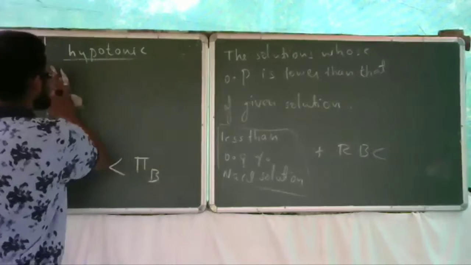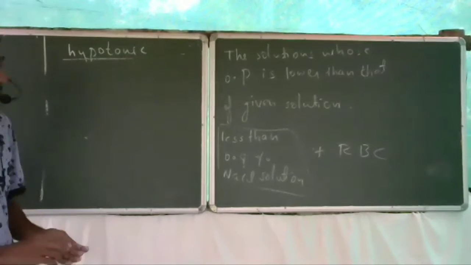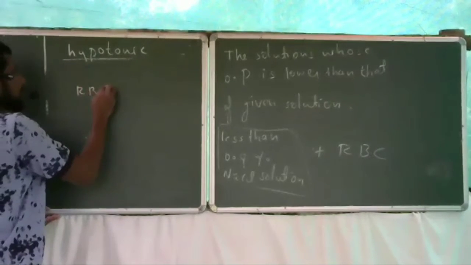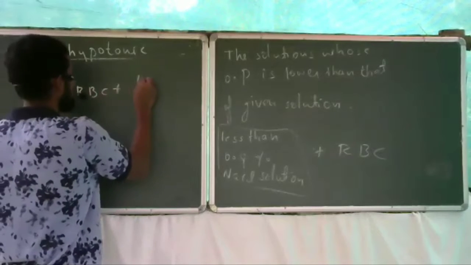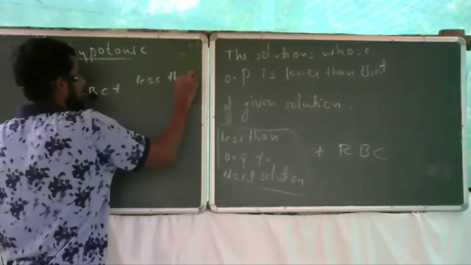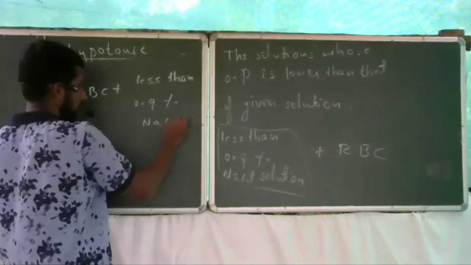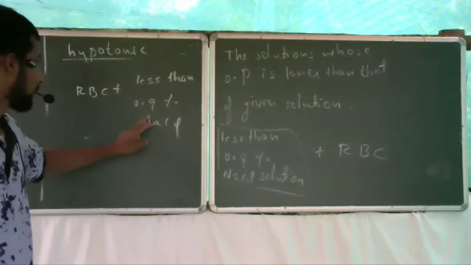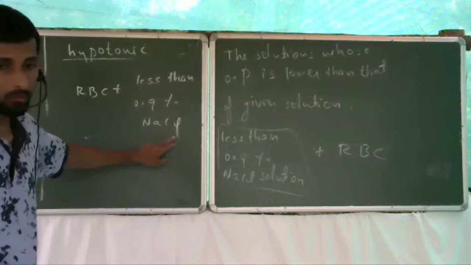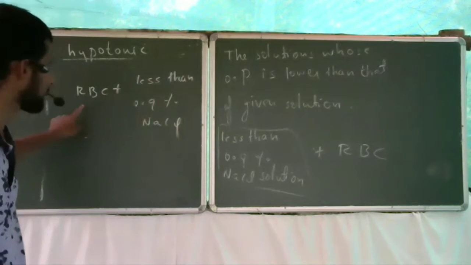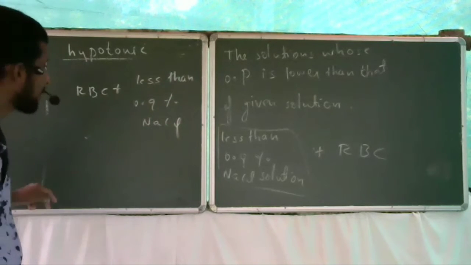Next, if you take RBC and keep that RBC in less than 0.9% NaCl solution, the osmotic pressure of this one is lower than that of the RBC. So what will happen?